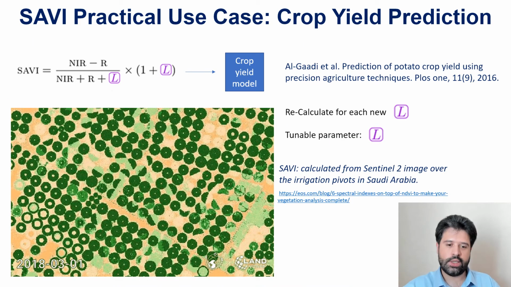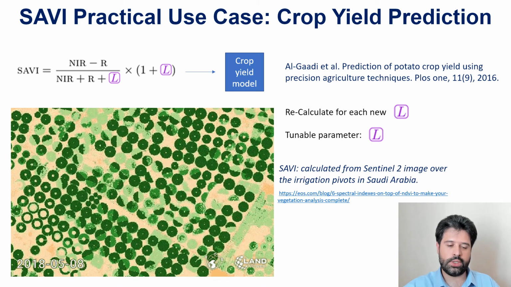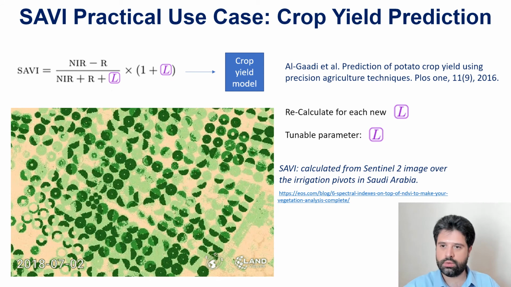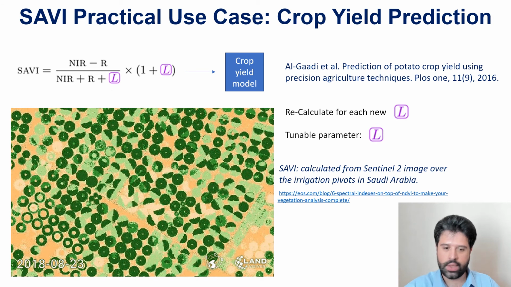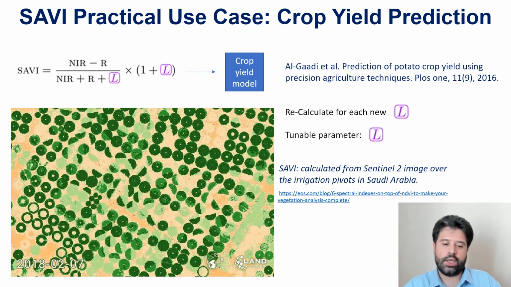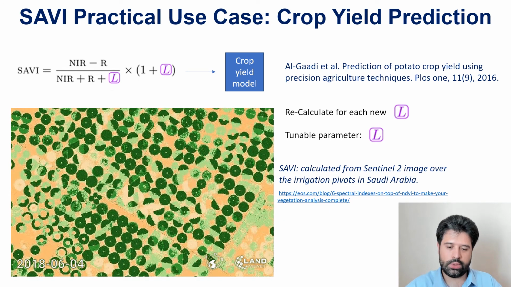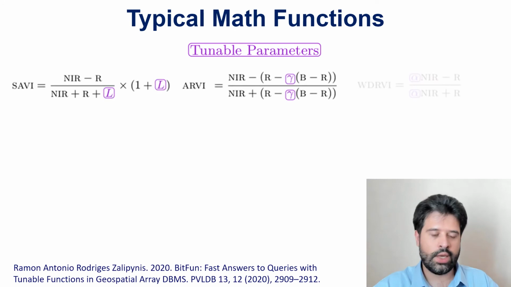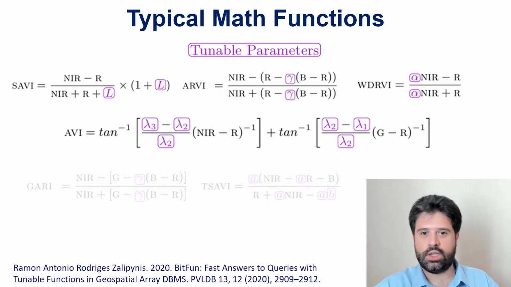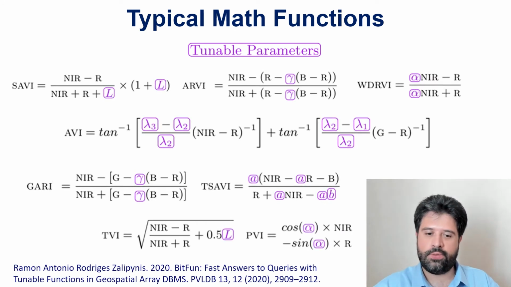In practice, SAVI can be used to predict crop yield according to the recent publication. However, we need to recalculate the crop yield each time we tune L. SAVI is not alone. Dozens of math functions with tunable parameters are used in practice.